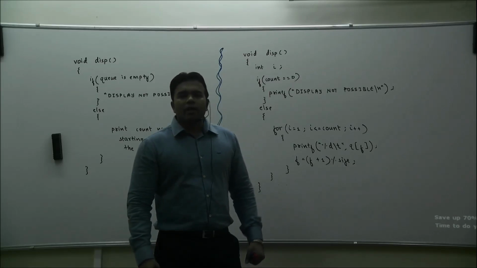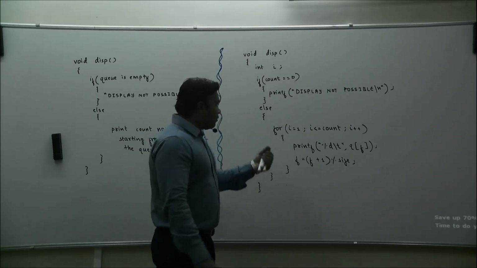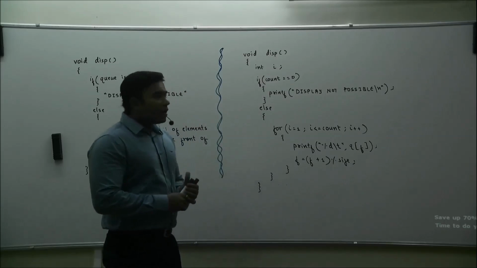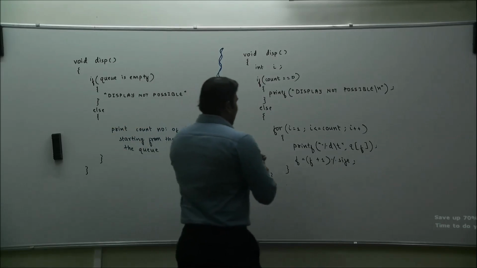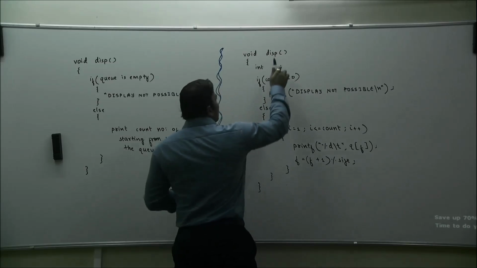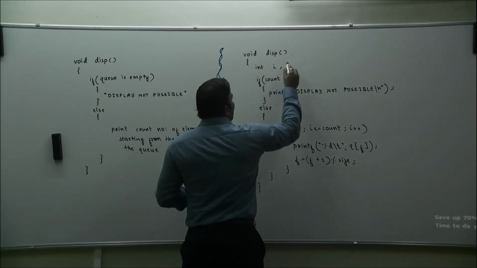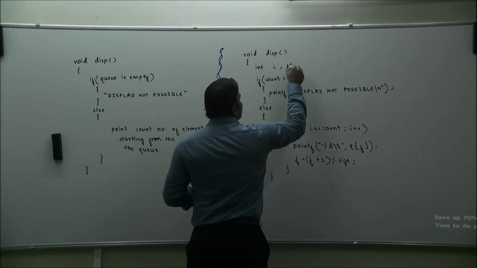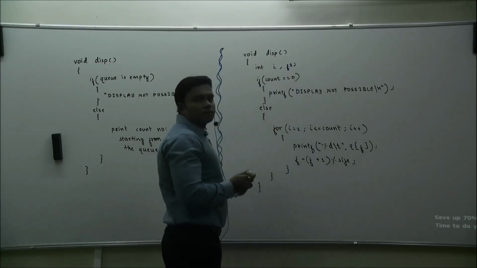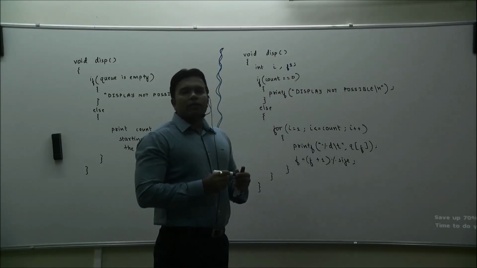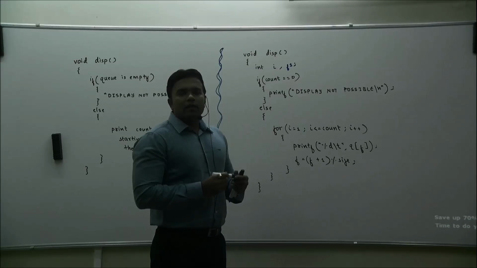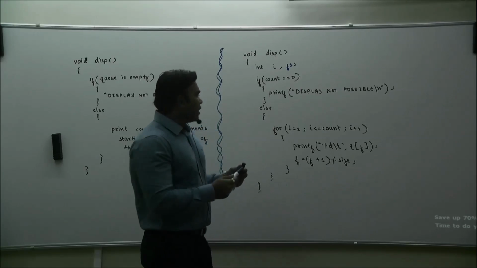Then you may ask. Remember, for this purpose, what I will do is create one more variable called F1. Now what is the use of this, sir? You may ask.